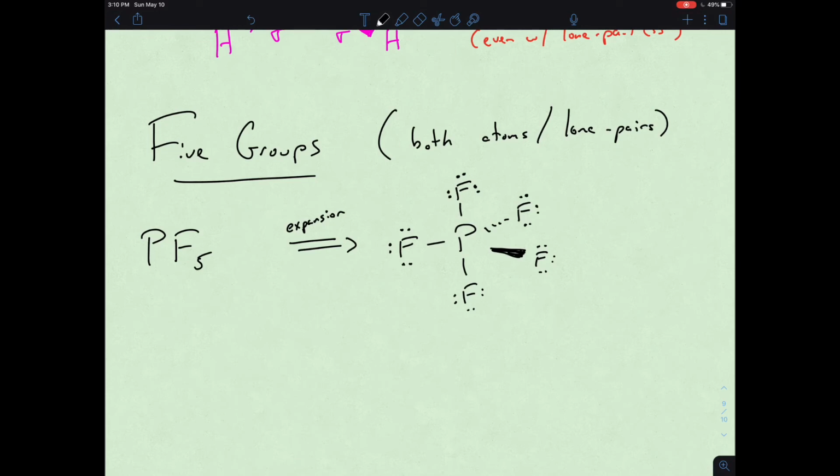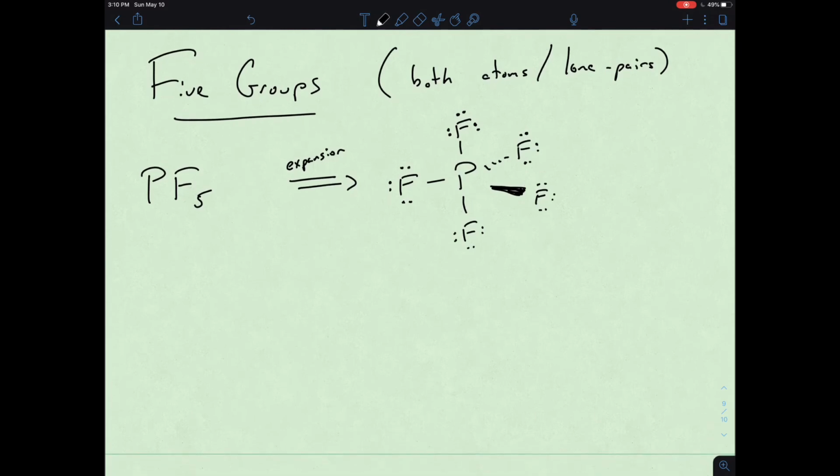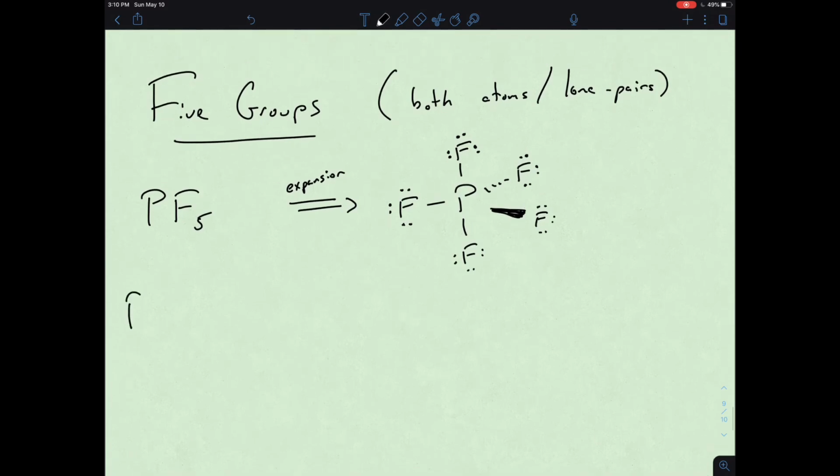So in order to get past 4, to get to 5 and 6, that means we need to use d orbitals in the mix. So we're now talking about elements that can expand their octet, in that principal quantum level of n being greater than or equal to 3. So if we look at our phosphorus here, we'll find that it has a lot more to offer in terms of its valence shell.